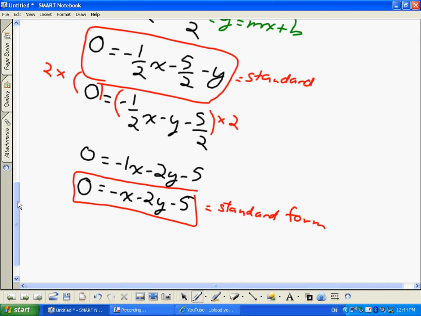It's still, like we said before, not going to change anything on this side. So I flip all of my terms. I'm still in standard form, it just looks nicer now. You can manipulate standard form in so many different ways because we have a 0 on the other side of the equation. Multiplying, dividing, it will never change the 0. It'll change all kinds of numbers on the standard side of the equation, though.